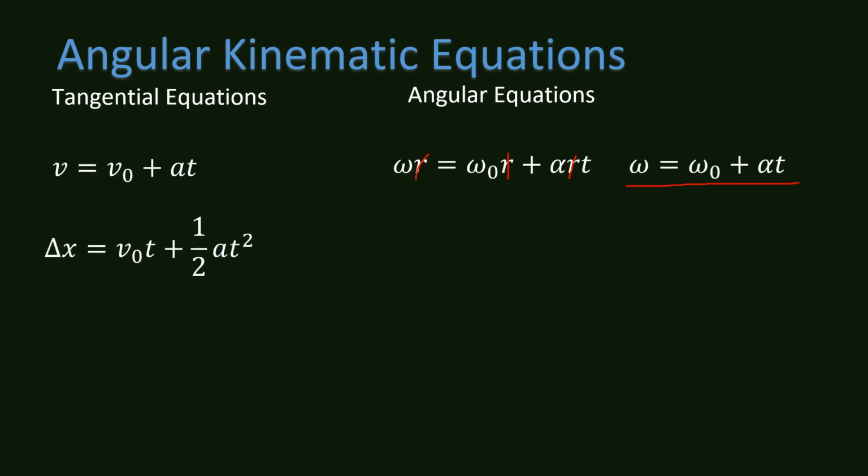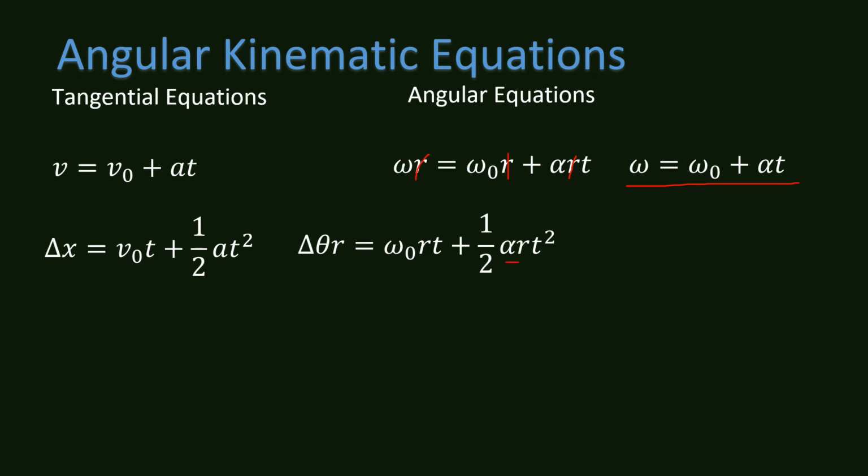Another acceleration equation used is this one right here. And we can do the same thing. We can take each one of these values of v, x, and t, and change it by what its equivalent is by using the equations of conversion with radius. And here the same thing happens. You notice that delta theta r is now what delta x is, and then we have omega r, that is what v sub naught was, and then we have alpha r, and that's what tangential acceleration was equal to.